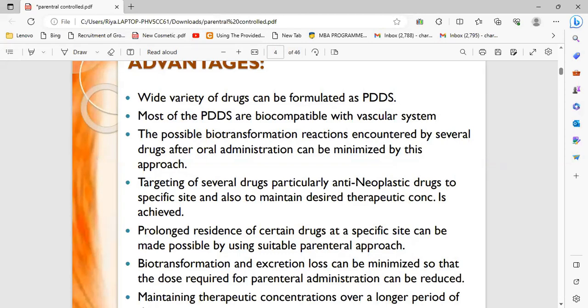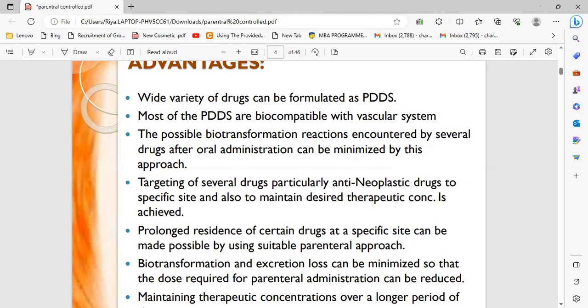Next, the possible biotransformation reactions encountered by several drugs after oral administration can be minimized by this approach. See, in case of oral drug delivery system, the dosage form will release the drug into the lumen, and that drug will be carried through the hepatic portal vein. The hepatic portal vein will carry the drug to the liver.